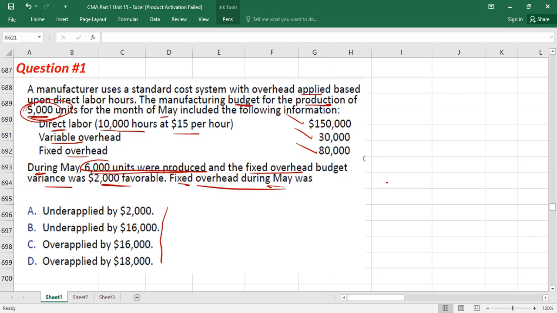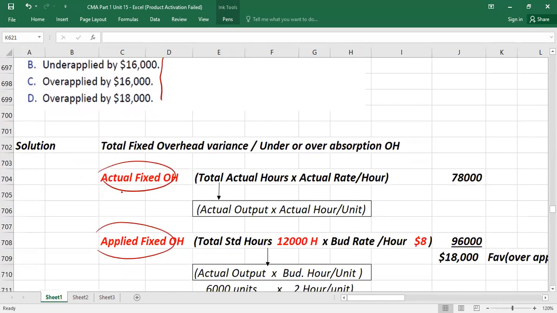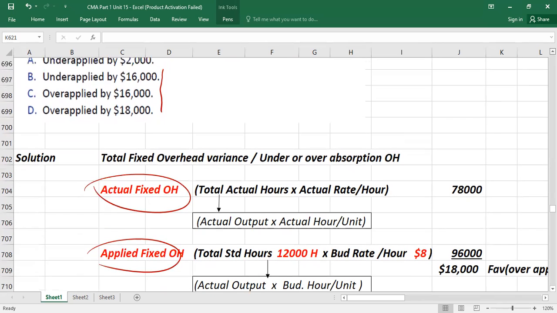We have to calculate under applied or over applied. So first I'll write what I need: first I need actual fixed overhead, then I need applied fixed overhead.